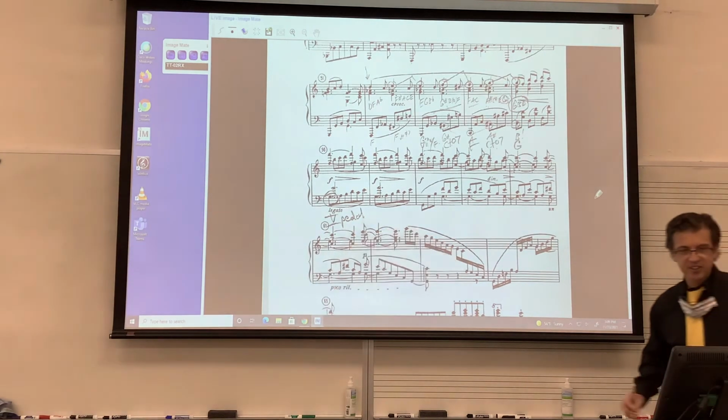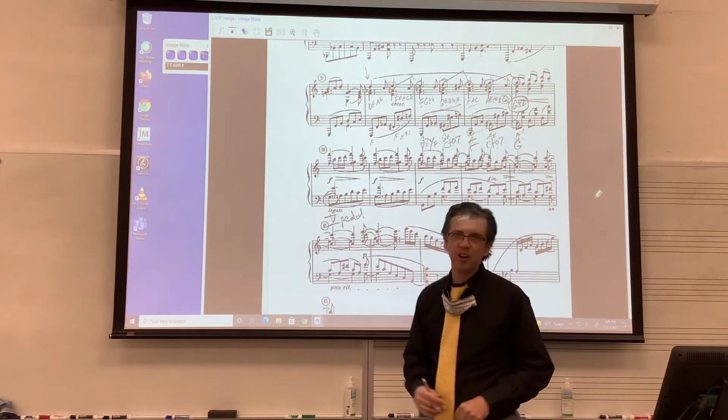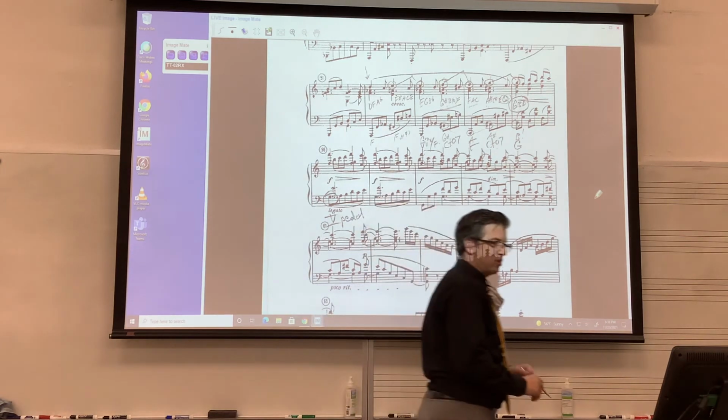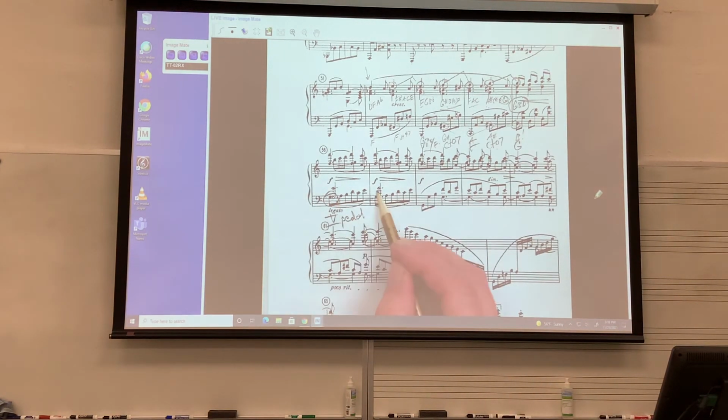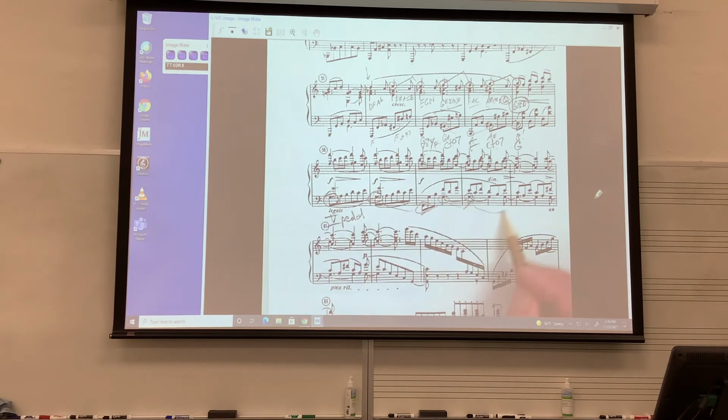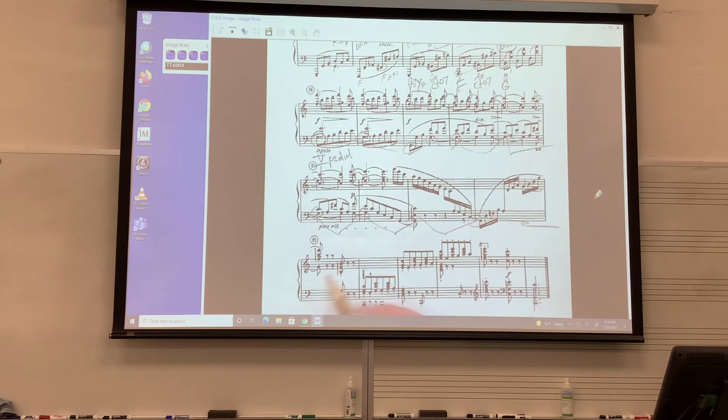When we get to 56, we're going to hear a dominant pedal. How long does it go? 1, 2, 3, 4, 5, 6, 7, 8, 9, 10, 11 measures.